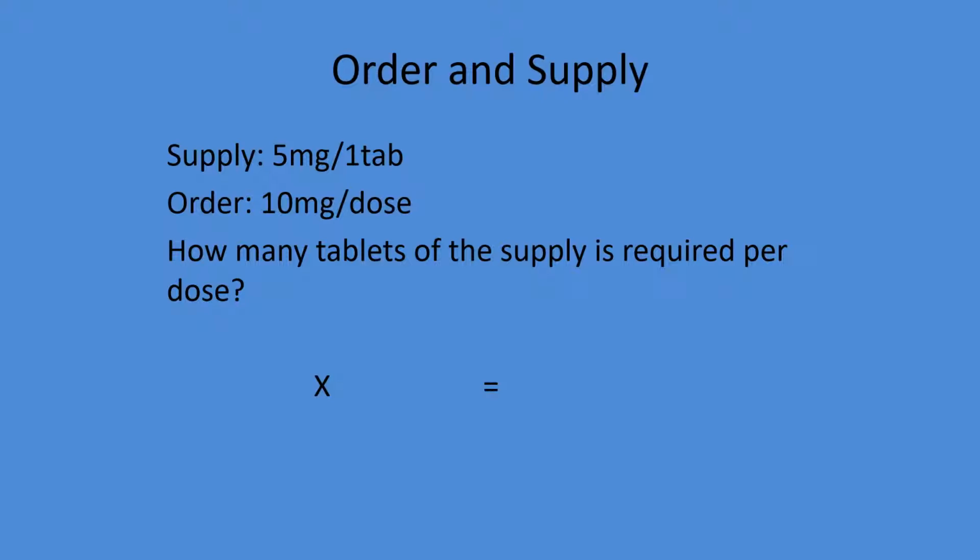How many tablets of the supply is required per dose? Tabs per dose is what's asked, right? So what is the order? Milligrams per dose, 10 milligrams per dose. And what is the supply? 5 milligrams per tab. What units do we want at the bottom?